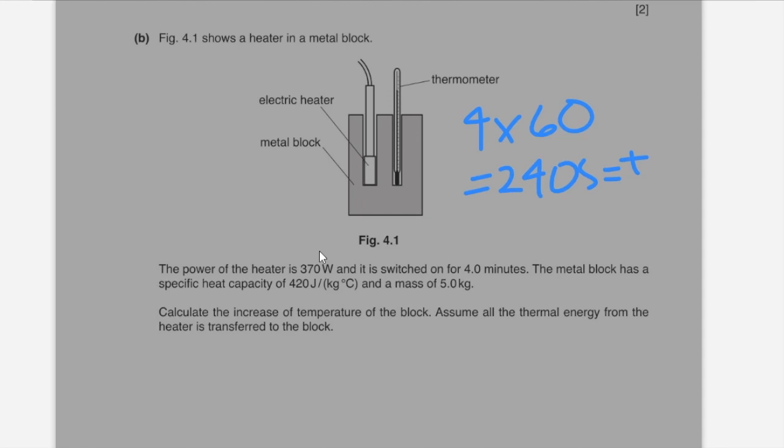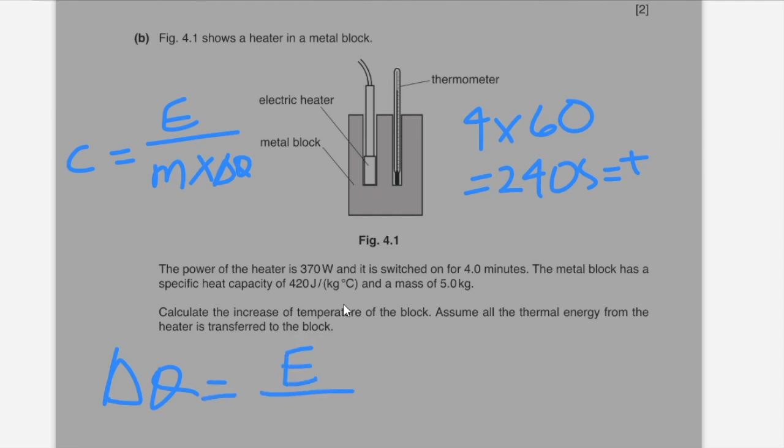So we have the formula of specific heat capacity as energy divided by mass into change in temperature. Now we need to calculate the increase of temperature of the block, and that means the formula after shifting the rest of the variables is going to be energy divided by mass into specific heat capacity.